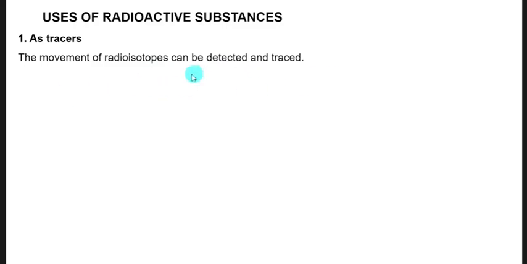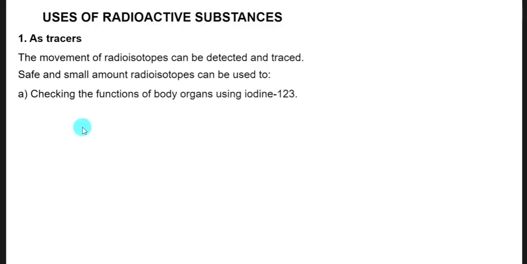A safe and small amount of radioisotopes can be used to, one, check the functions of body organs using iodine-125. So the fact that we can detect radiation and also trace it is very cardinal.